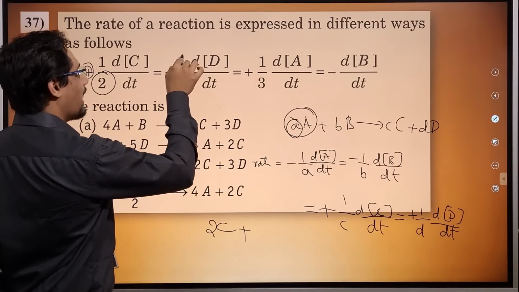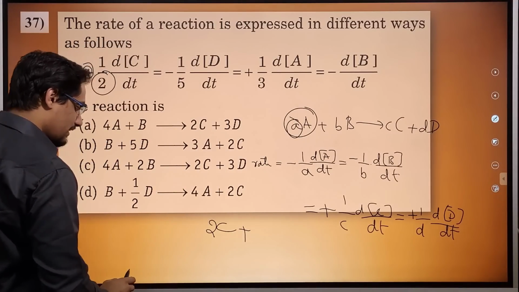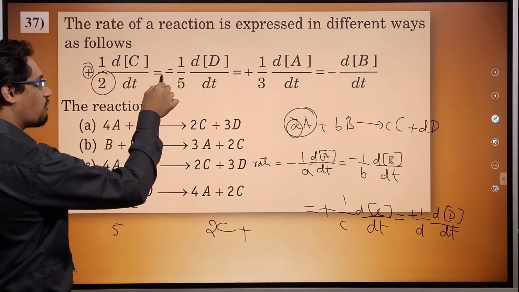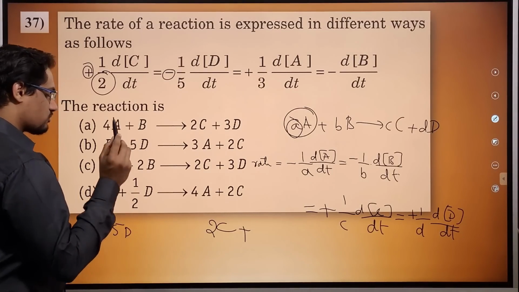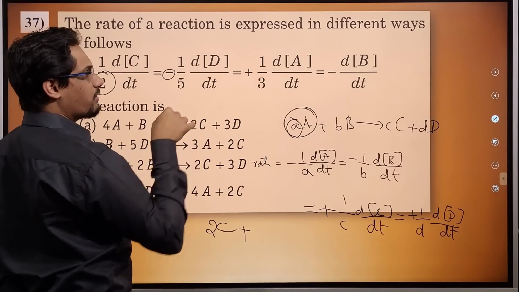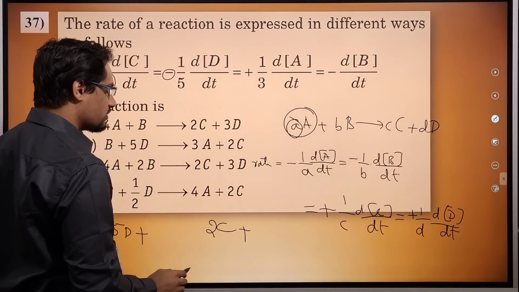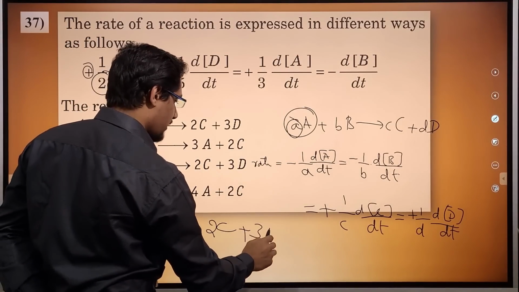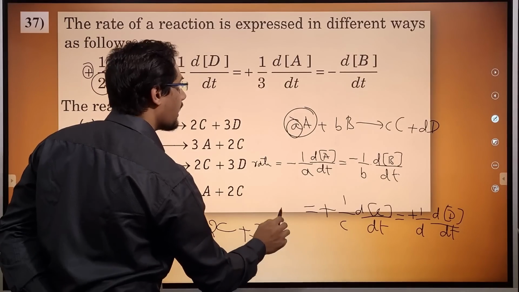Then minus 1 by 5 dD. Correct? Here they have given minus 1 by 5, and as we have a minus sign, it must be a reactant. So it must be 5D. Plus 1 by 3. Plus stands for products, whose concentration is increasing. So 3 moles of A, so 3A.